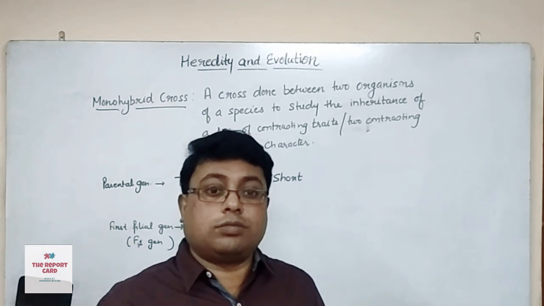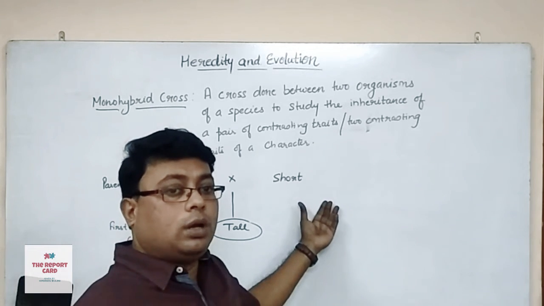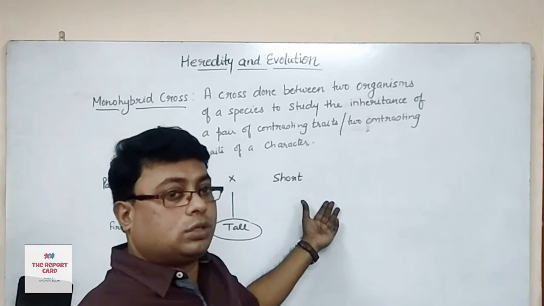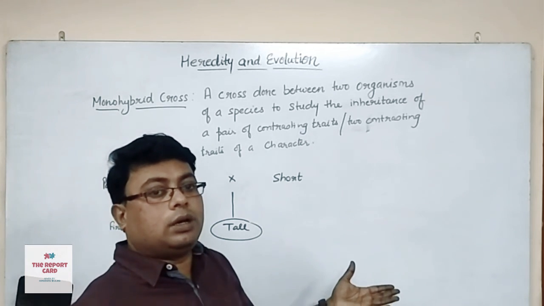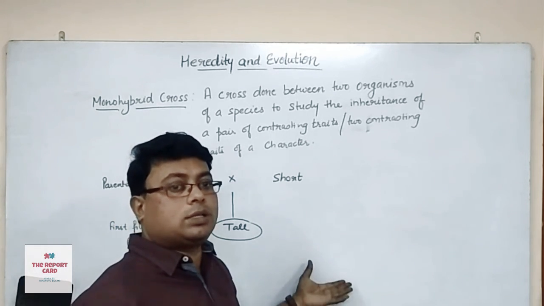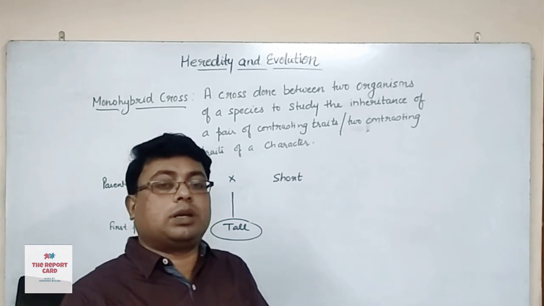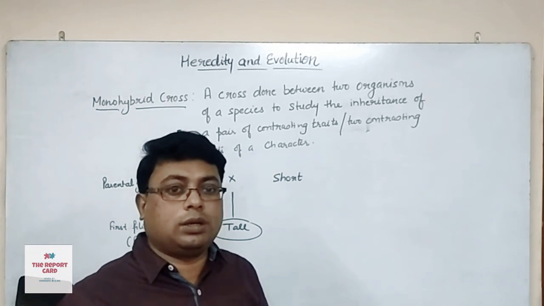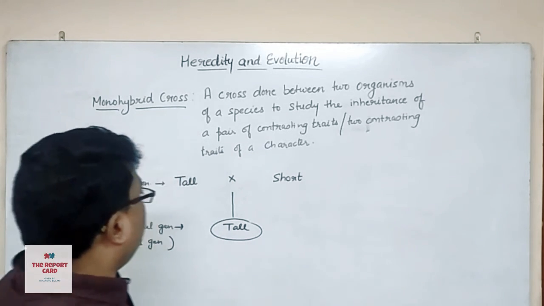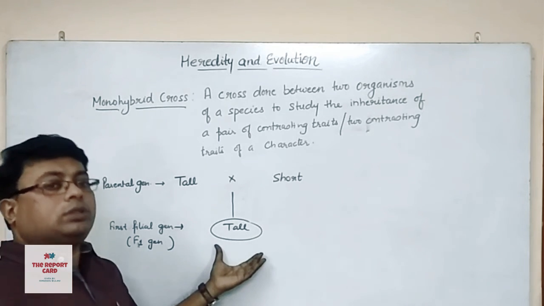Now definitely this was very surprising for Mendel, because there were short plants also which he used in this experiment, but nowhere could he find the trait of shortness in the first generation. And he was wondering where this particular trait went, or what happened to it. Well, he continued this experiment.